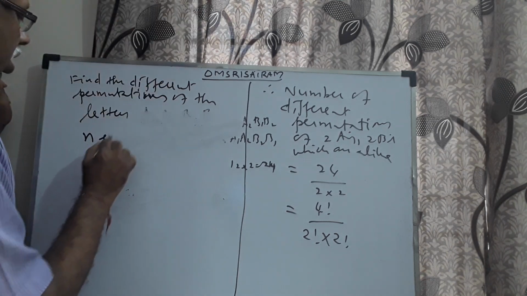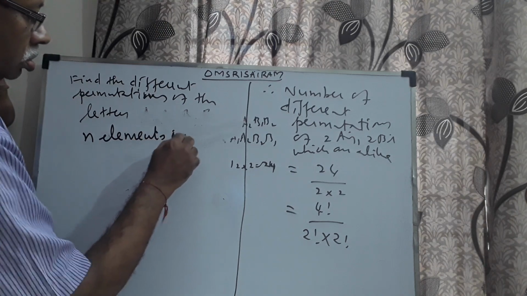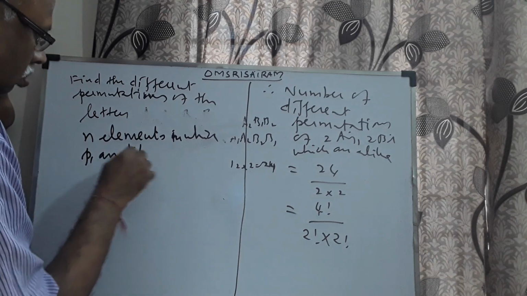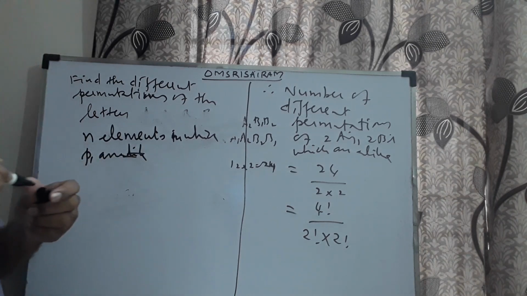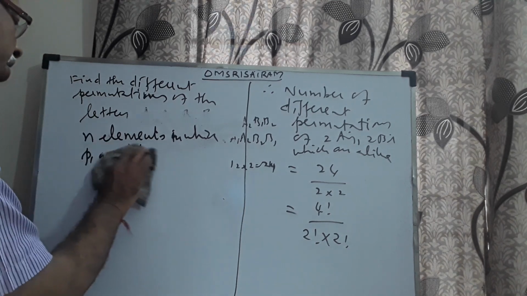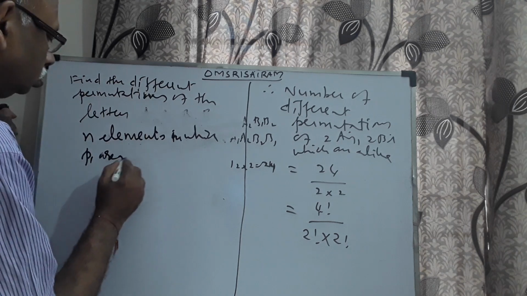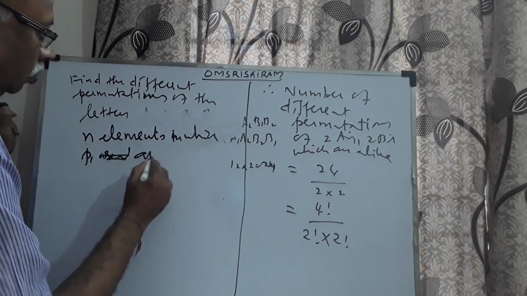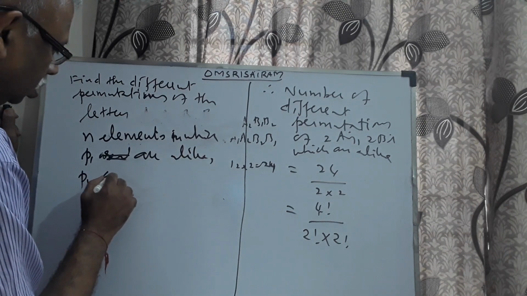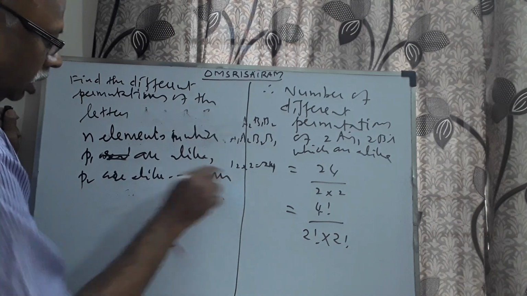If there are n elements in which P1 are alike, P2 are alike, etc., Pn are alike.